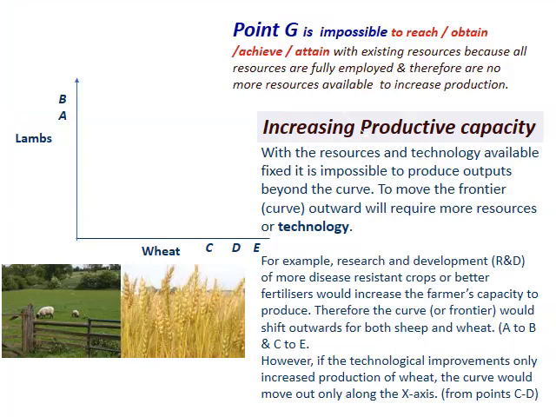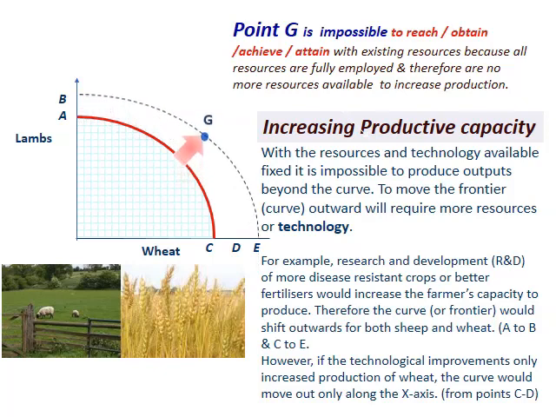We've been talking about production efficiency and reaching our capacity to produce, and our capacity to produce depends on the resources that we have available and the technology. And so we know that the area inside the curve represents our productive capacity.